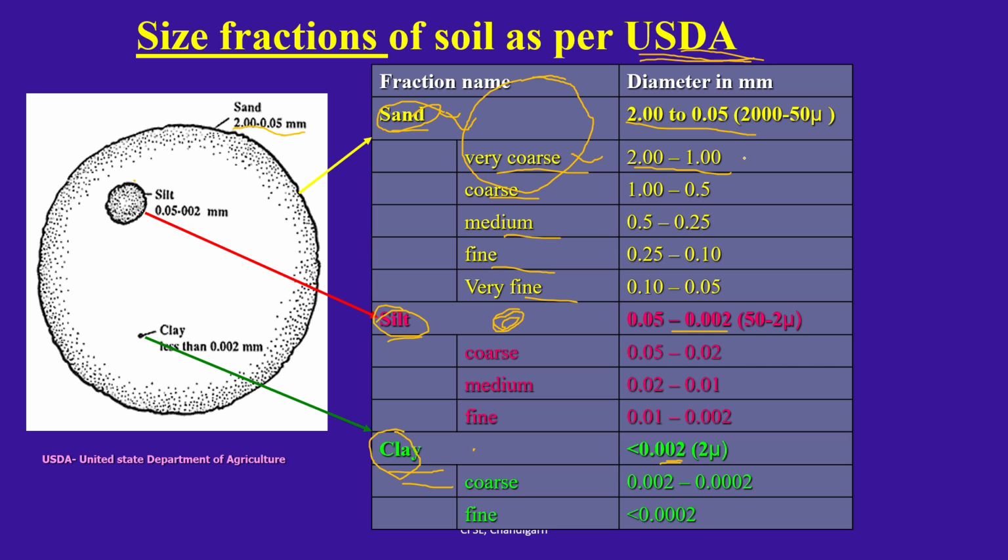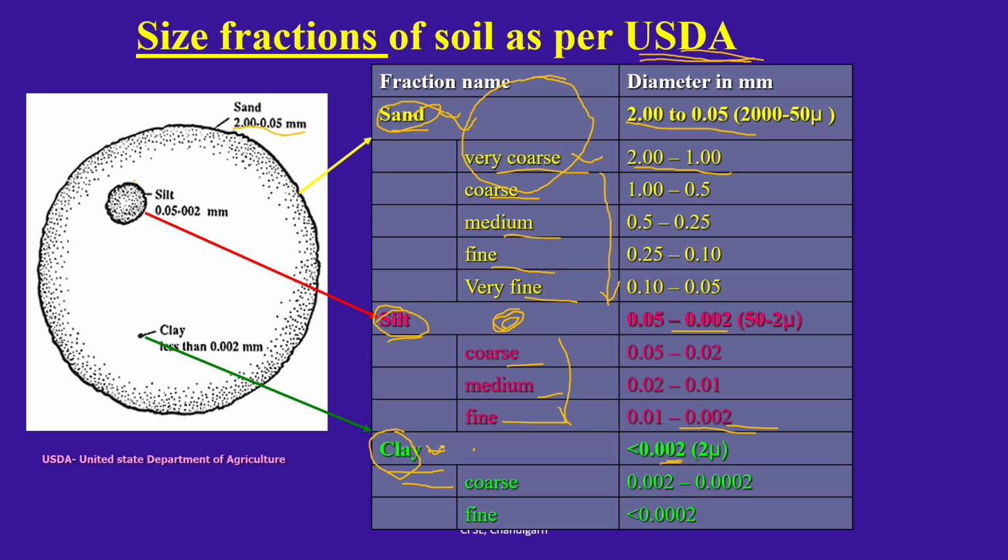Similarly, silt can also be categorized into three: coarse, medium or fine silt. The particle size of fine silt is very small, 0.01 to 0.002 mm. And if the diameter of the particle is less than 0.002 mm, they come in the category of clay.